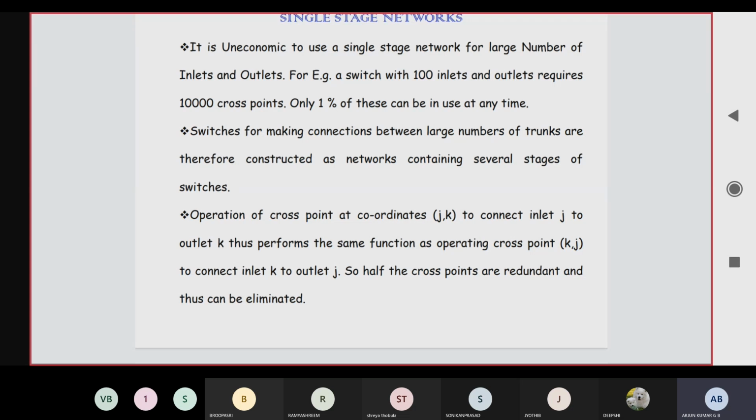That's why in the diagonal of the crosspoint matrix, we can reduce half of the crosspoints.